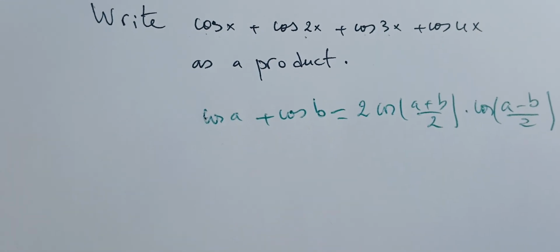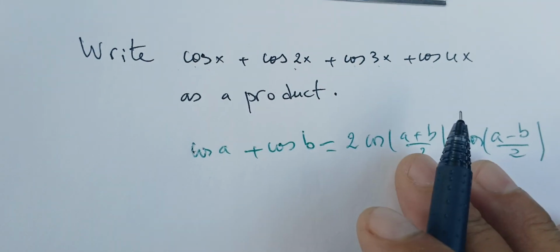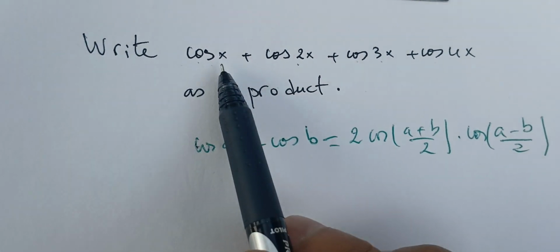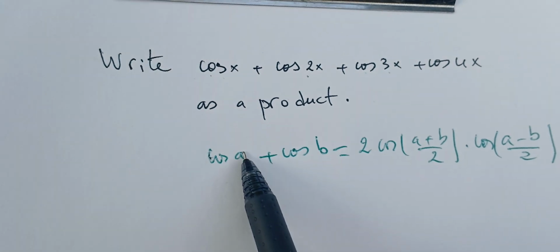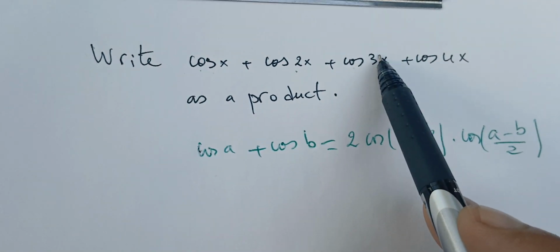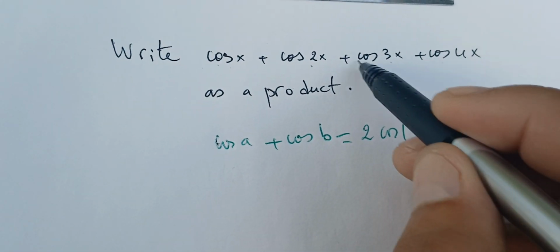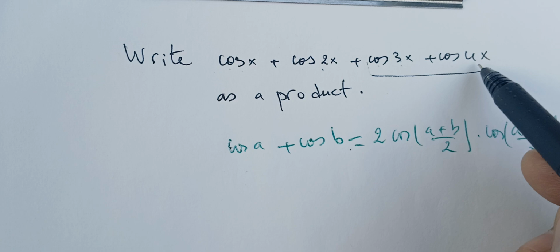In this case, when we add cosine x plus cosine 2x, we treat a as x and b as 2x. And for the second part, we treat a as 3x and b as 4x.